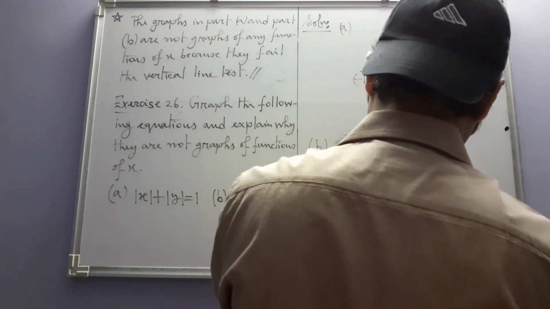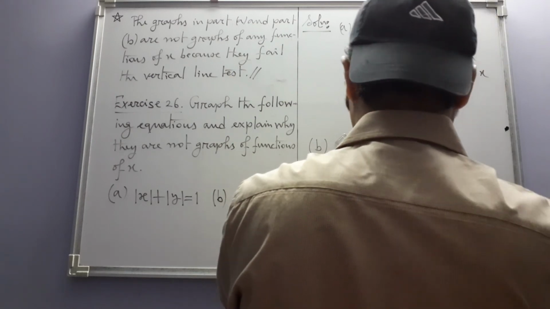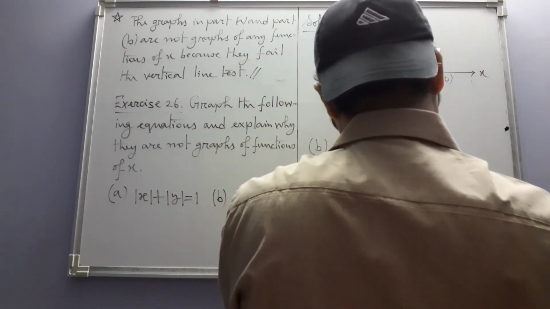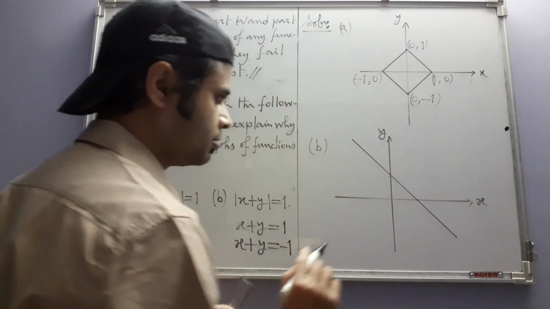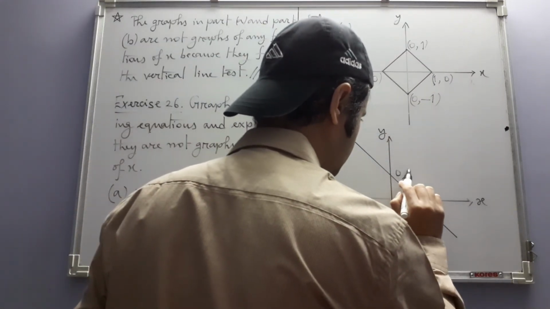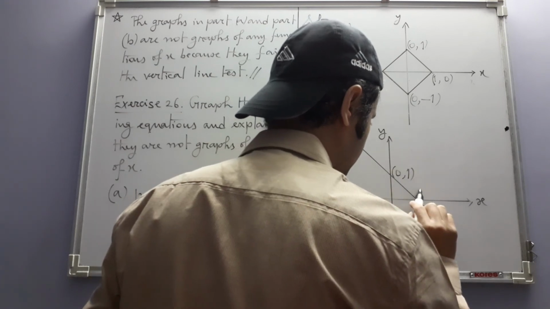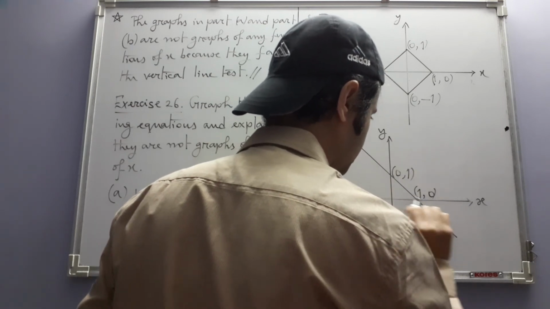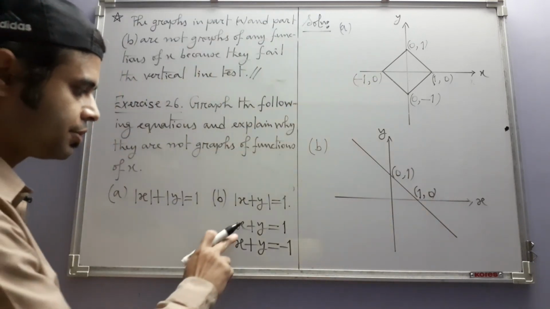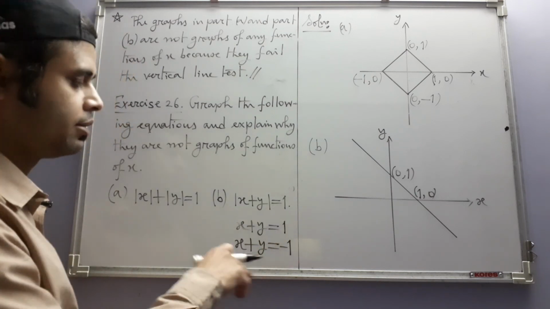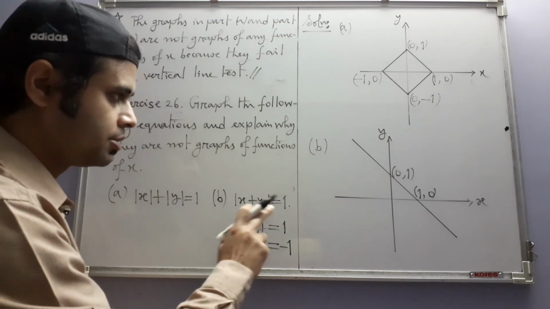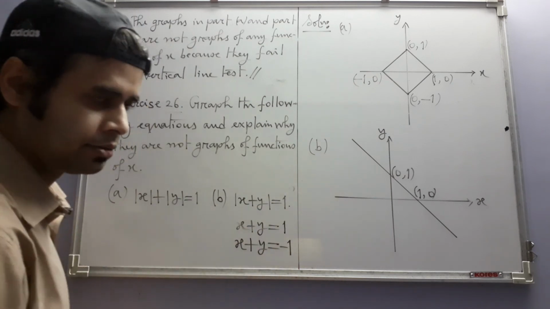It's this straight line passing through these 2 points, one of them is 0, 1 and the other one is 1, 0. Because if you put x equal to 1 and y equal to 0, you get 1, and also when x equal to 0 and y equal to 1.